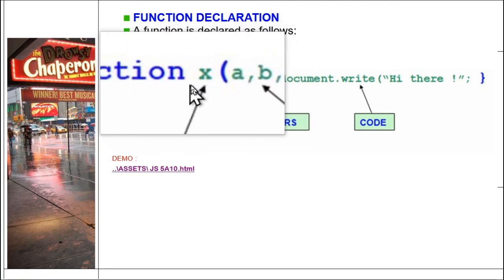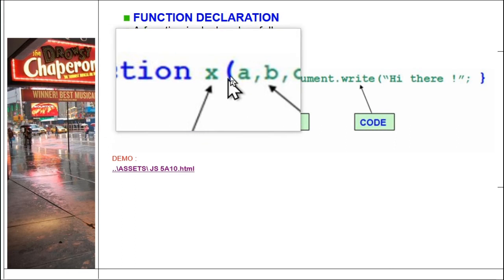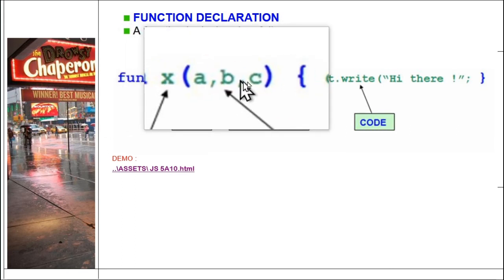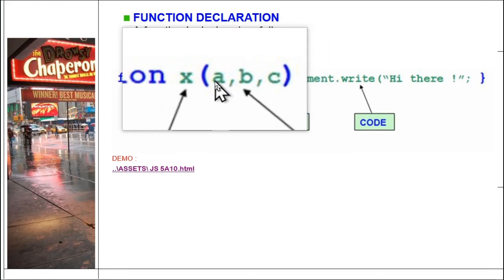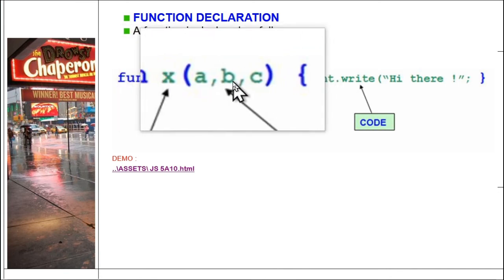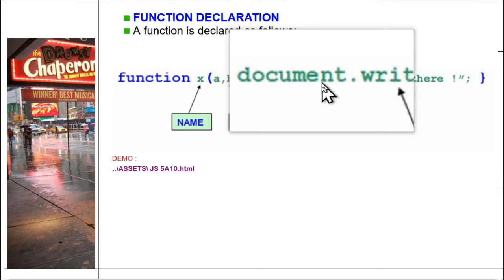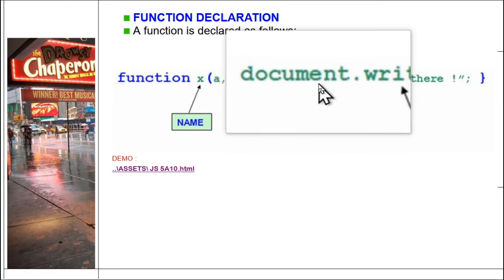So what we've done is we've labeled the functions x, and we've labeled the parameters as A, B, C. So in here we'd have file name. When we call the function, we'll put document 1, then here document 2, document 3. And this will look at the value of A and say, okay, that's equal to document 1, print it.